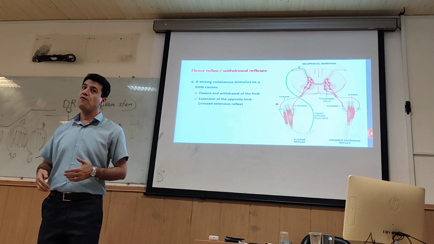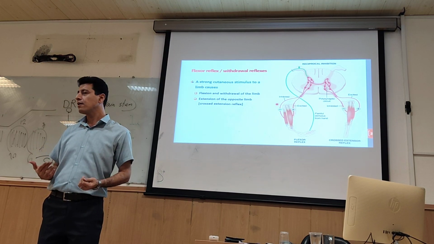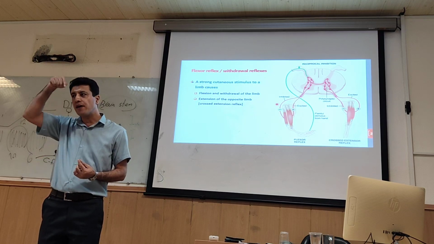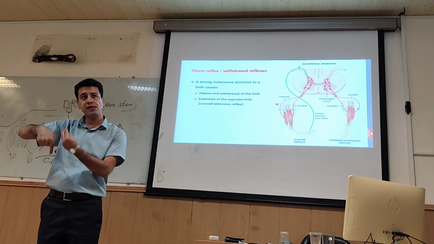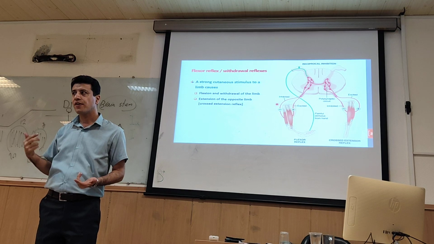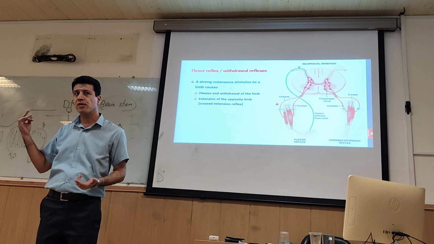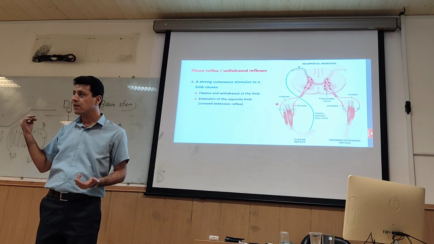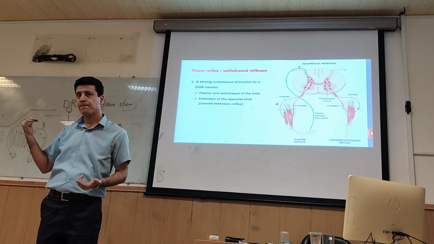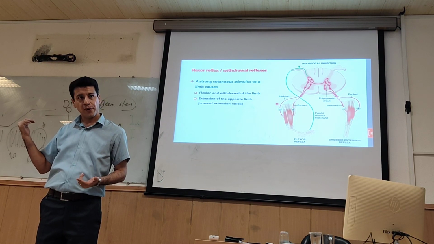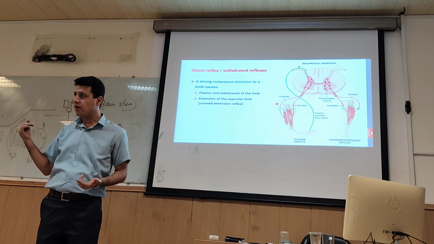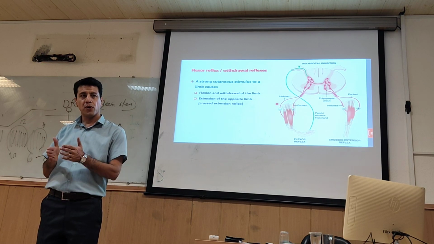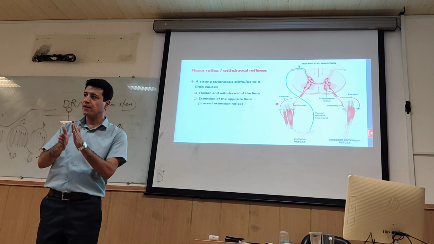How does this happen? Which structure provides vertical connection between segments? We have three: segmental, propriospinal, descending. Propriospinal organization provides vertical connections between the segments.